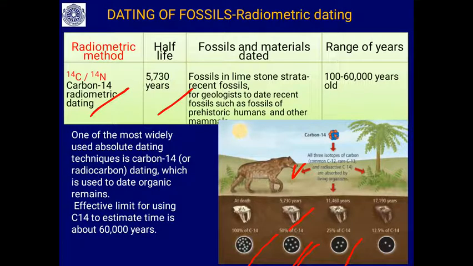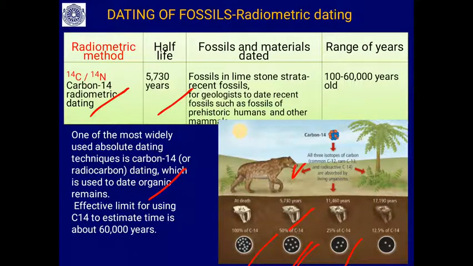For these recent fossils in the limestone strata, geologists and archaeologists date the fossils of prehistoric humans and other mammals using this C14 method. It is called the carbon 14 method of dating, or carbon 14 radiometric dating. It is one of the most widely used absolute dating methods, used to date organic remains.